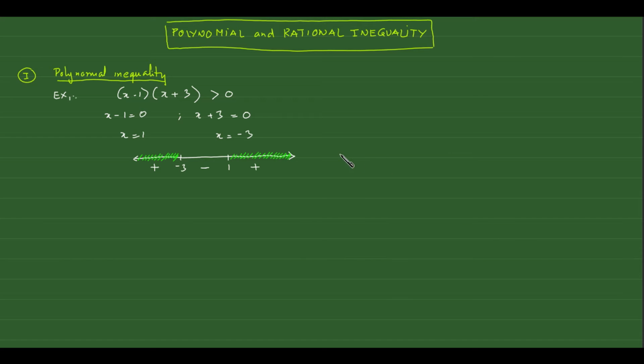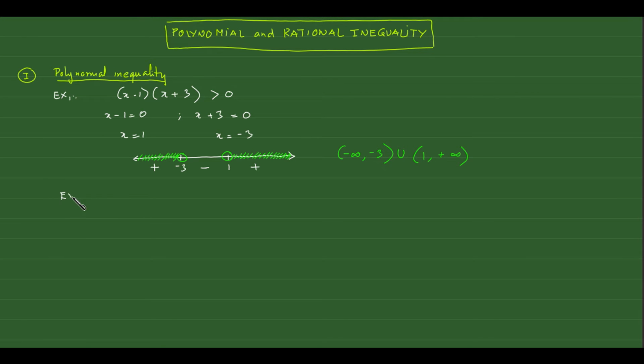The final answer will be negative infinity to -3 with a parenthesis, because we don't want to take the -3. It's an open circle because there's no equal sign. Union with 1 to positive infinity. Okay, so that is how you solve a polynomial inequality. In this case, actually, this is a quadratic inequality. The answer is interval notation.